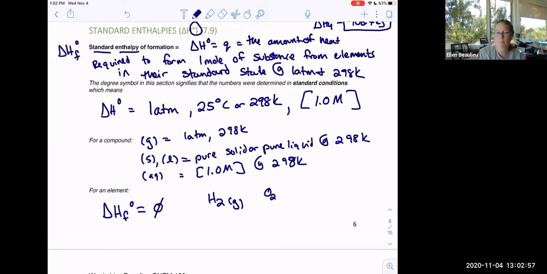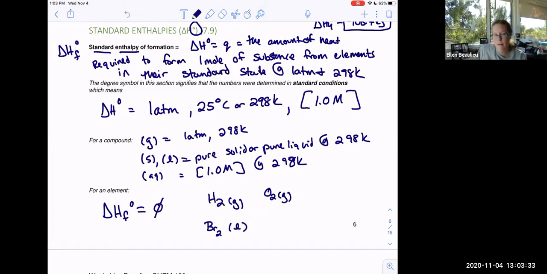Oxygen, what form? Gas. Deep breath, gas. You are in a room that is at roughly 298 Kelvin and a pressure of 1 atmosphere. You are breathing oxygen gas. So oxygen is a gas under standard conditions. There are only 2 elemental substances that are liquid under standard conditions, bromine and mercury.